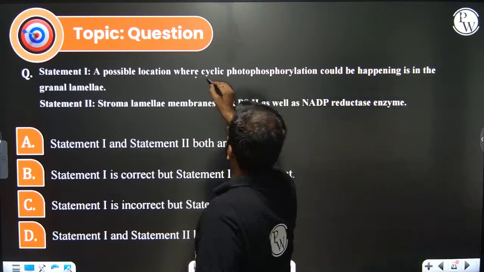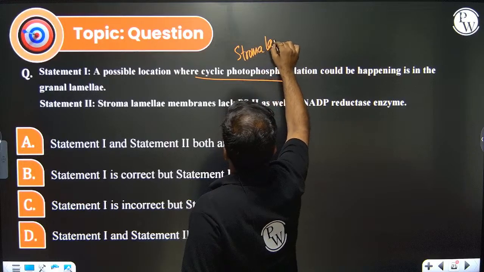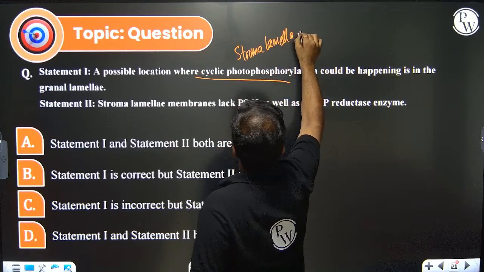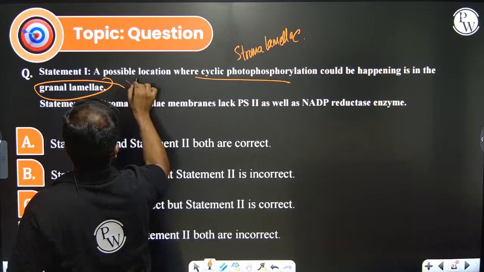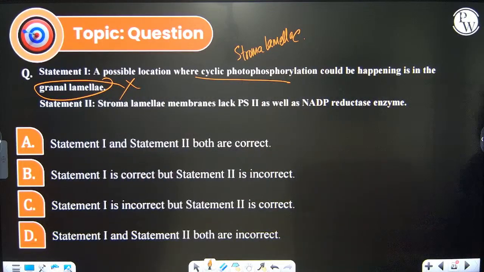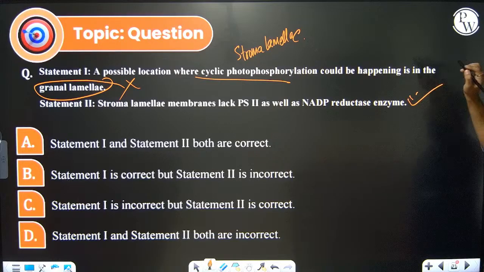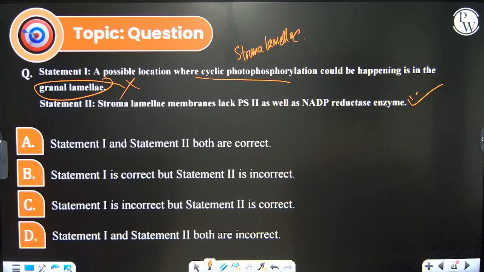He's asking about cyclic, which occurs in the stroma lamellae, not in grana. So this is wrong as a statement. Stroma lamellae membranes lack PS2 as well as NADP reductase enzyme. Absolutely, right as a statement. So the answer would be C.